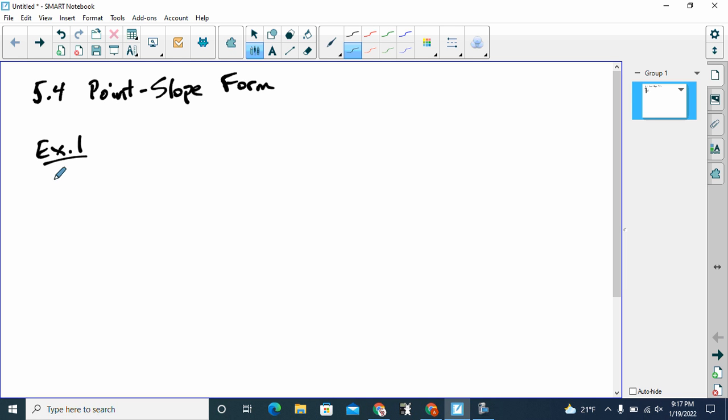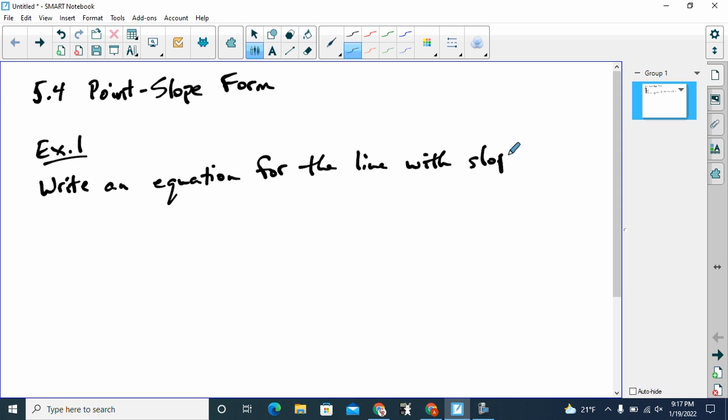Example 1 is a review problem, and it asks us to write an equation for the line with slope 6 and y-intercept -3. Write an equation for the line that has a slope of 6 and has a y-intercept of -3.